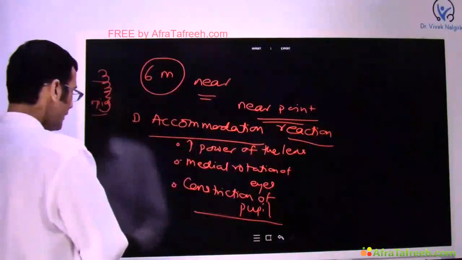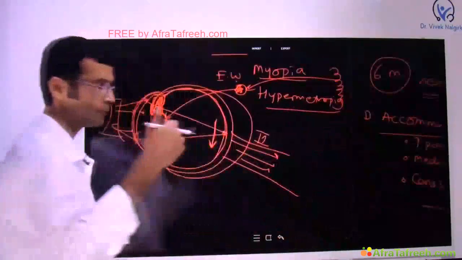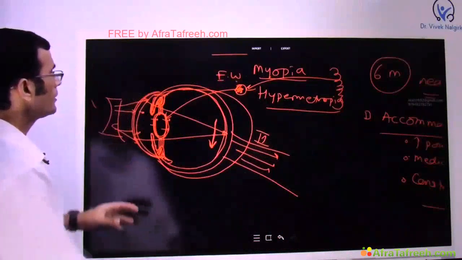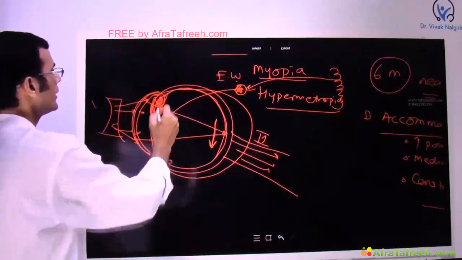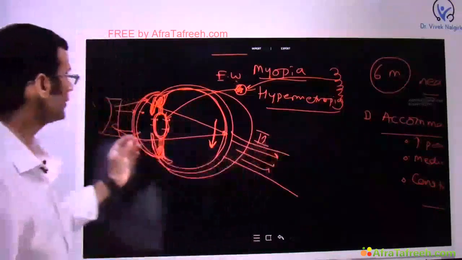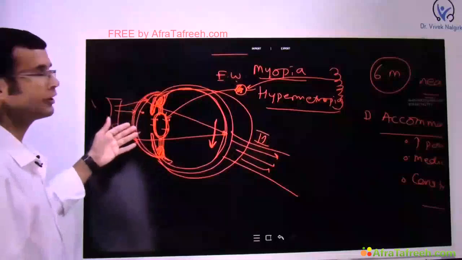So why is that the near point? Because at that point, the closest point from the eye, there is maximum contraction of the ciliary body. There is the greatest contraction of the ciliary muscle, and therefore that is the greatest curvature achieved for the lens.